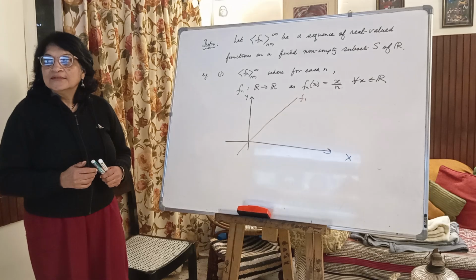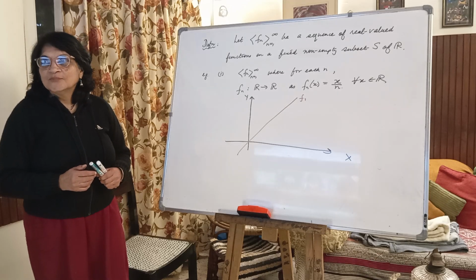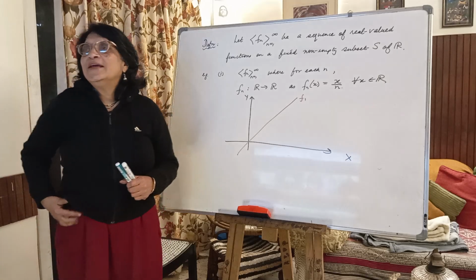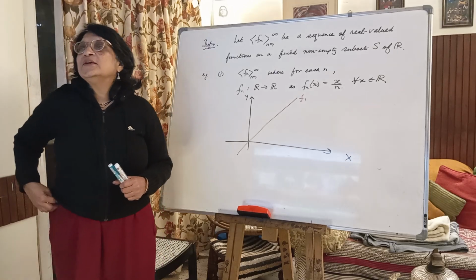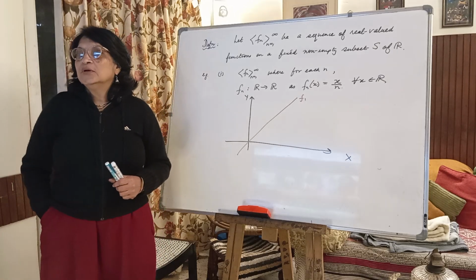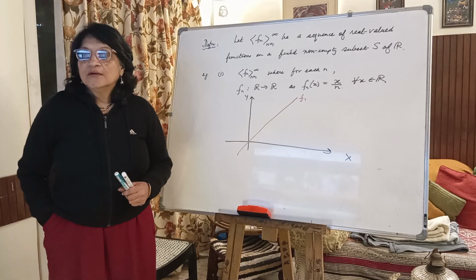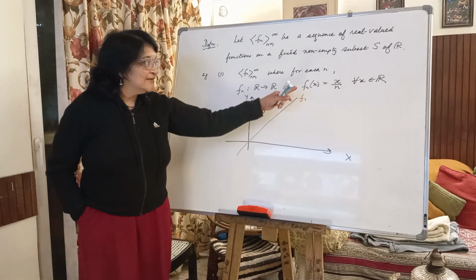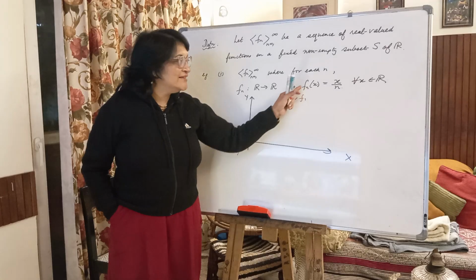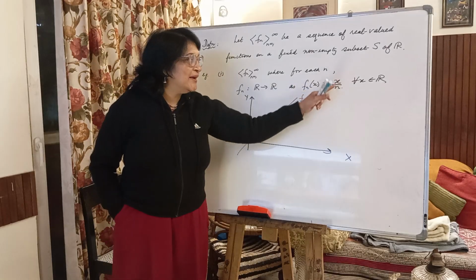Now, slope 1. Why is the slope 1? Because the line y equal to x has slope 1. There's no c here. c is 0, m is 1. y is equal to x. Fn of x is like your y. Now y is equal to F1 of x, which is x by 1.